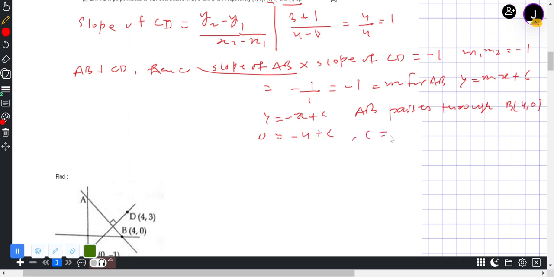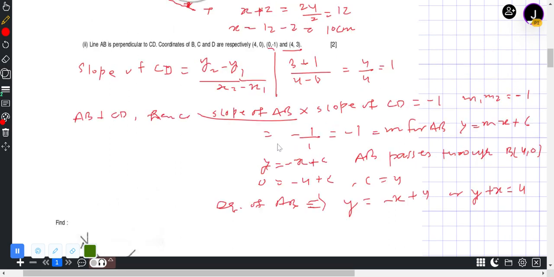So c is 4. So equation of AB is y is equal to minus x plus 4, or y plus x is equal to 4. This is y, not 4. Okay. This is also y. I'll rather correct it.